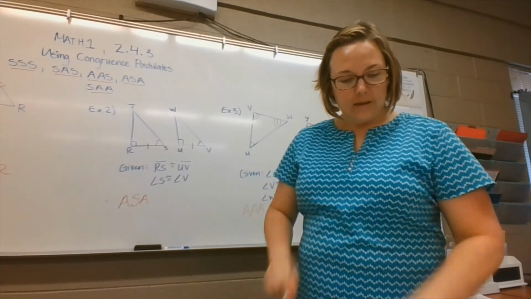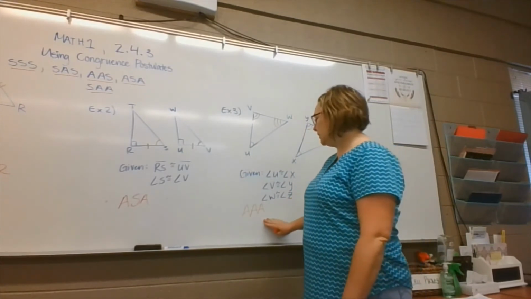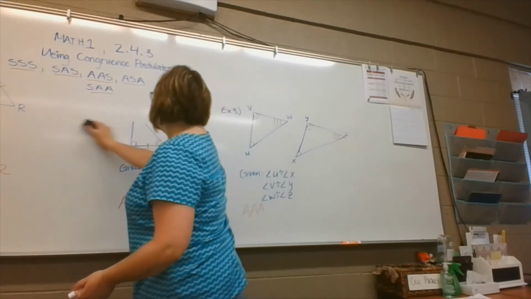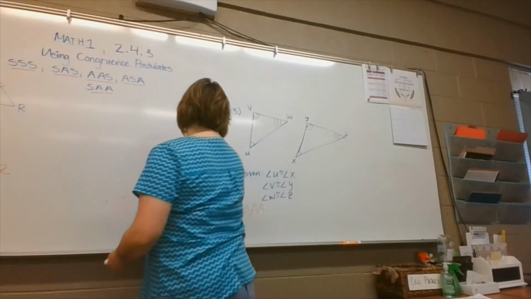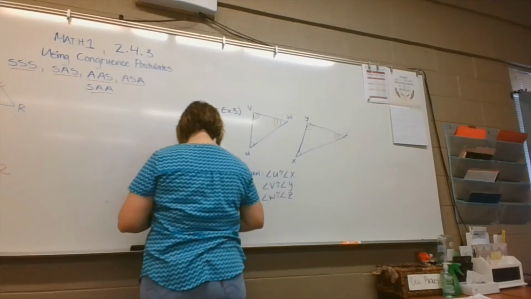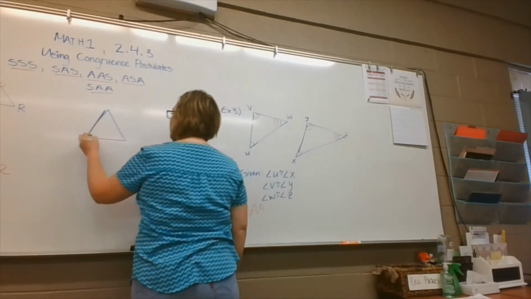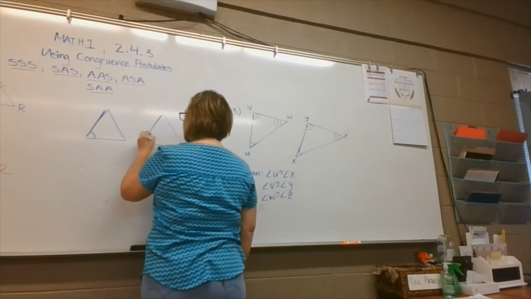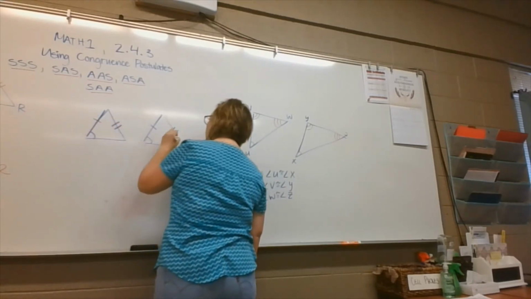So this is an example of something that does not determine congruence. Another thing that does not necessarily determine congruence would be, given two triangles, an angle in each, and then two sides.